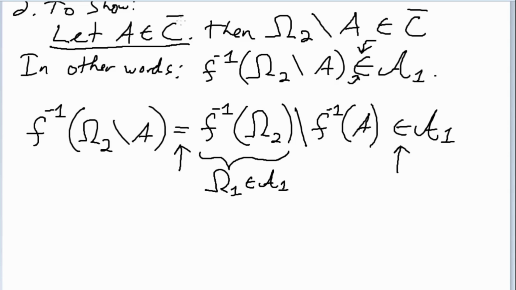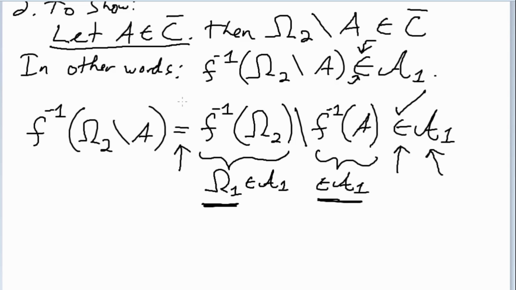So that means A's pre-image under F is certainly going to be in A1. So that's in A1. And since A1, again, is a sigma algebra, then it's closed under complements. And here we have the base set and one of the elements in it. So whatever comes out of that must itself be in A1. So again, this is true.